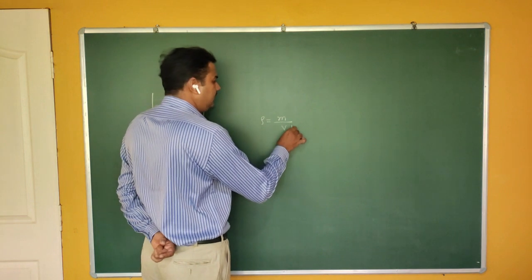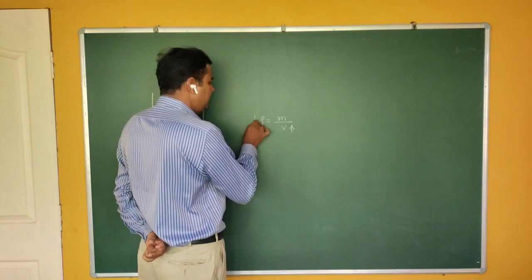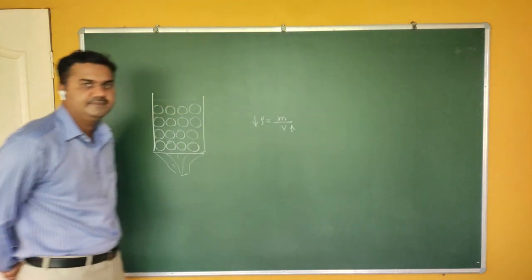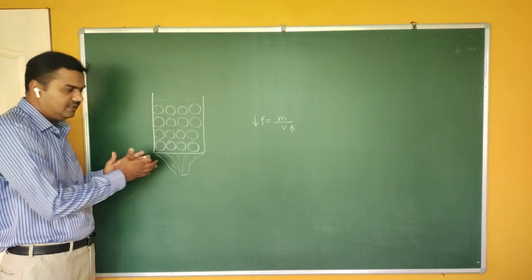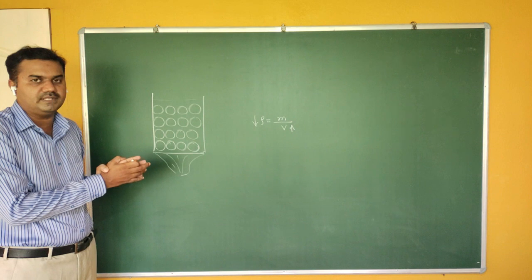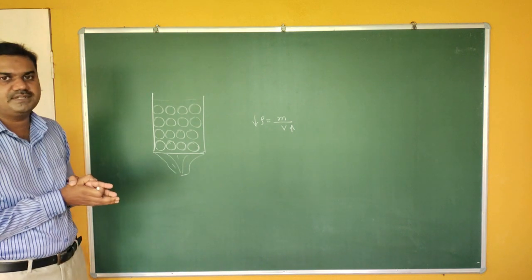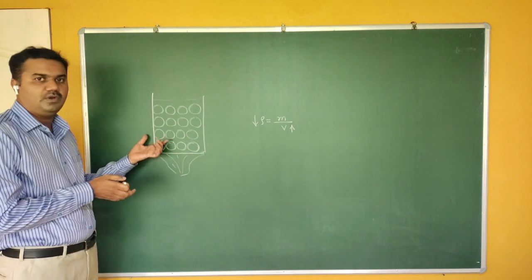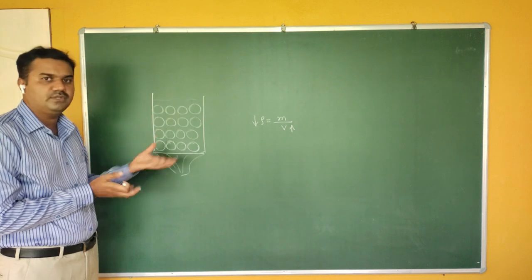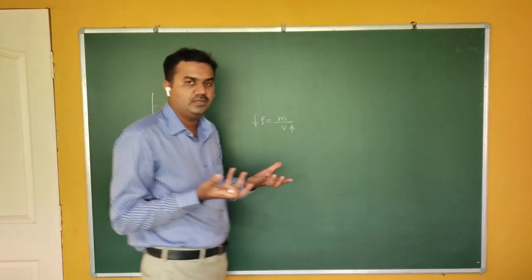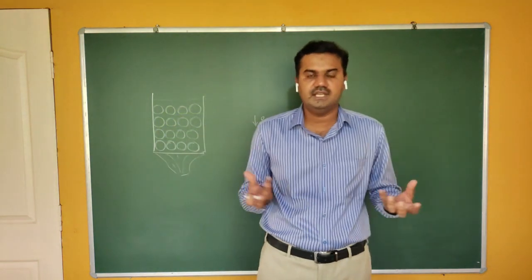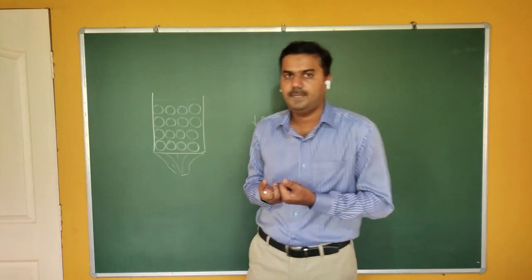As the volume increases, the density decreases. Now these molecules are present at the bottom of the container. Why? The simple reason is that their density was somewhat more compared to the other molecules, so they sink and lie at the bottom.